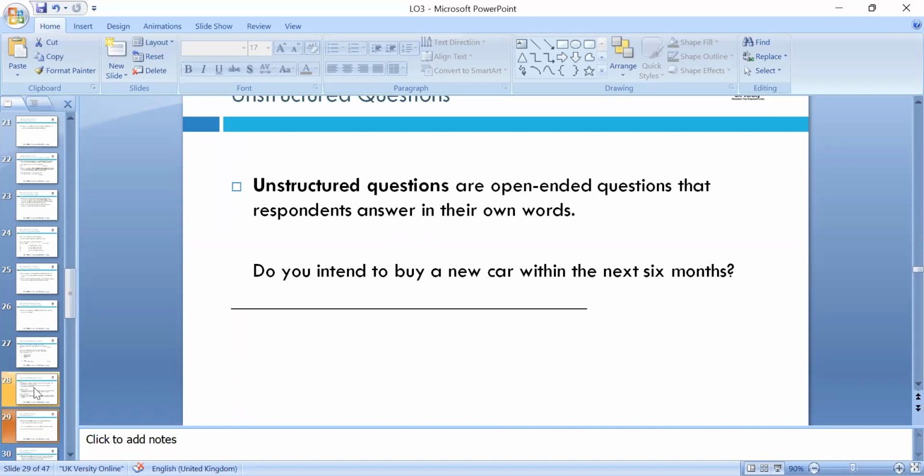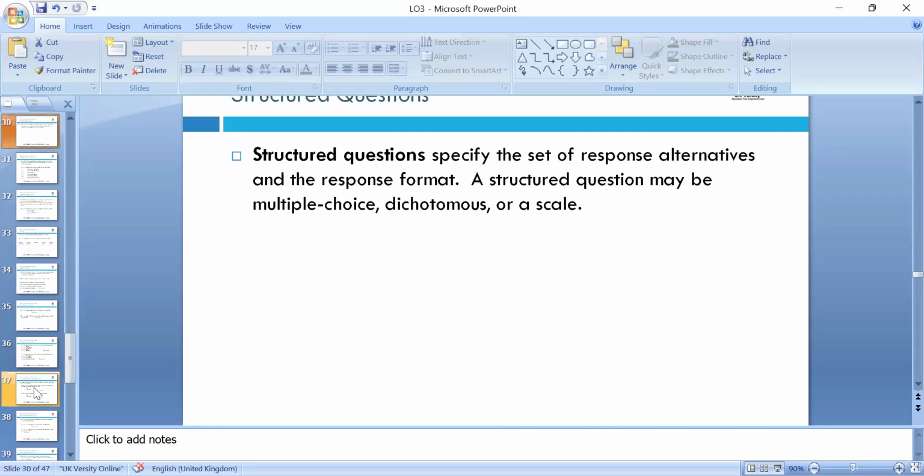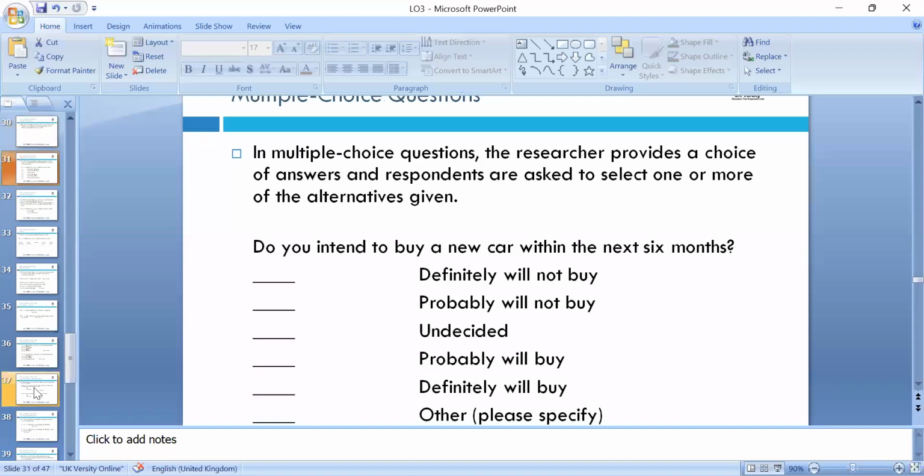Do you intend to buy a new car within 6 weeks? Yes or no. This can be a structured question with a set response alternative format, maybe multiple choice. In a multiple choice question: do you intend to buy a new car within the next 6 weeks? Definitely, probably, probably not.